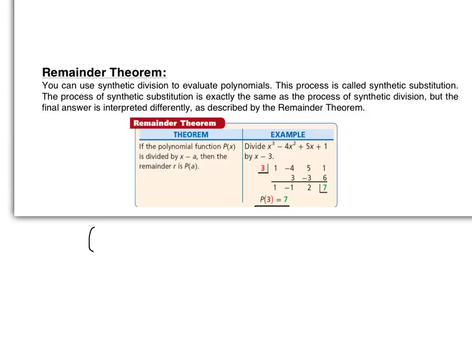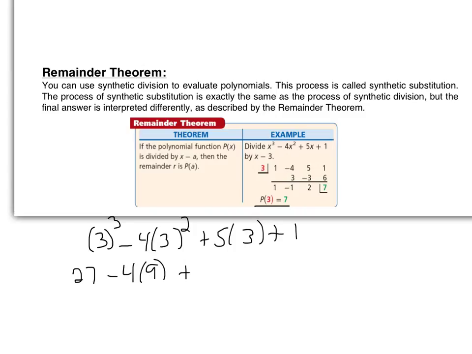So if we take 3 and plug it in for x, 3 cubed minus 4 times 3 squared plus 5 times 3 plus 1. 3 times 3 is 9 times 3 is 27. Minus 4, 3 times 3 is 9. 5 times 3 is 15 plus 1.